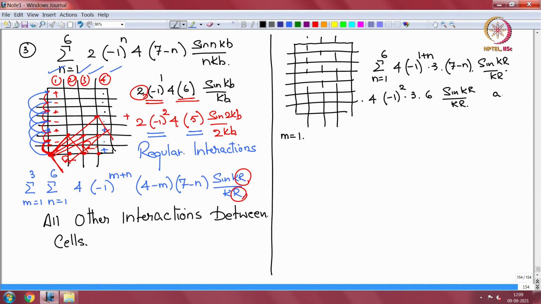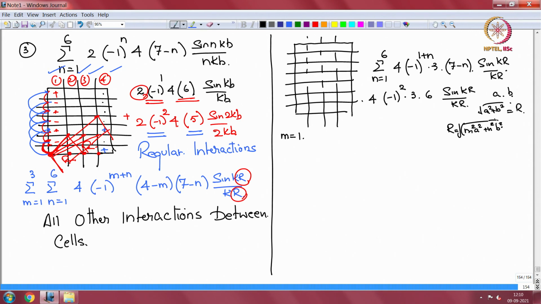Okay, kr is what? Square root of a square plus b square. That is r. Okay, because m is 1, n is 1. Okay, so r is typically square root of m square a square plus n square b square, that is r.